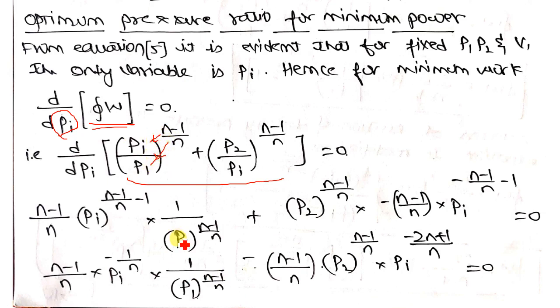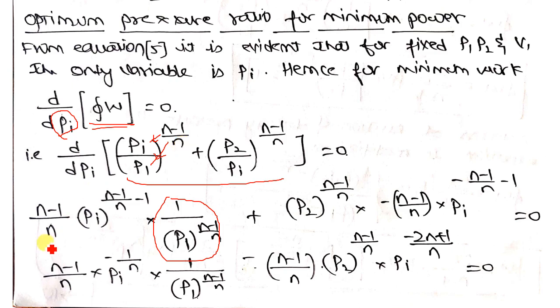What is the differentiation of x to the power of n? It is n into x to the power of n minus 1, correct? So the differentiation of Pi whole to the power of (n minus 1) by n is (n minus 1) by n into Pi whole to the power of (n minus 1) by n minus 1. Similarly, you carry out the differentiation for this particular term, you will get this.